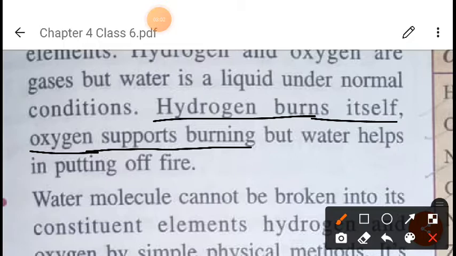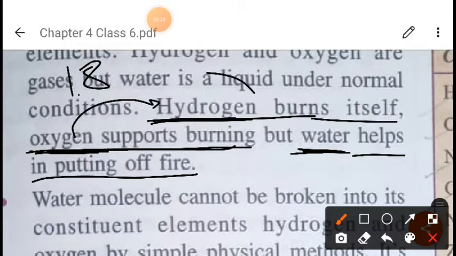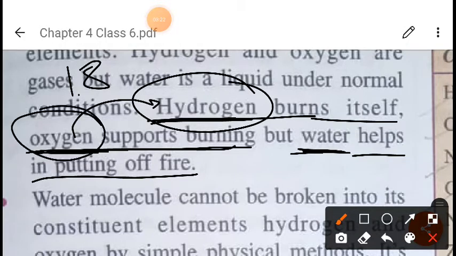Without oxygen we will not be able to burn anything, right? Hydrogen burns itself and oxygen supports burning, but when the two combine in a fixed ratio, 1 to 8, they form water, which helps in putting out fire, right? So the properties of water are entirely different from those of oxygen and hydrogen.